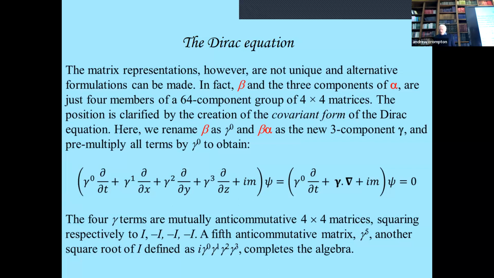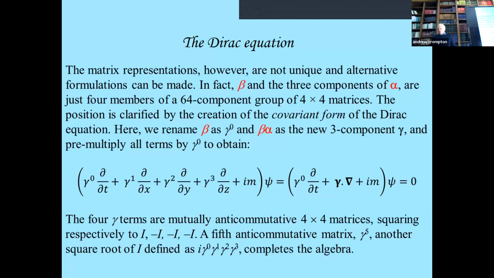However, in the covariant form, we replace beta with gamma naught, a new concept, and it's the same thing, but we'll give it a new name. And we make beta times alpha a new component, gamma, with 3 components. And we multiply all the terms by gamma naught in advance, so we get the equation on the left and the abbreviated form in the next bracket equals 0.